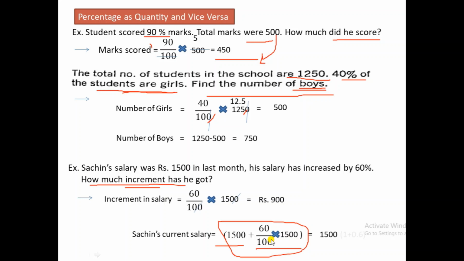So we can take out 1500 common and we will have 1 plus 0.6. 60 by 100 is 0.6, and 1500 multiplied by 1.6 is going to be rupees 2400. So this is going to be his salary.